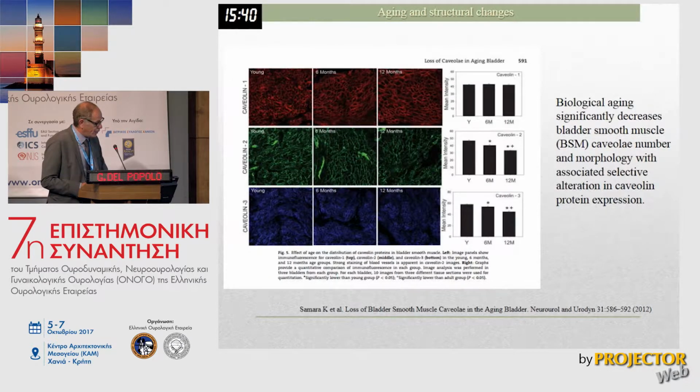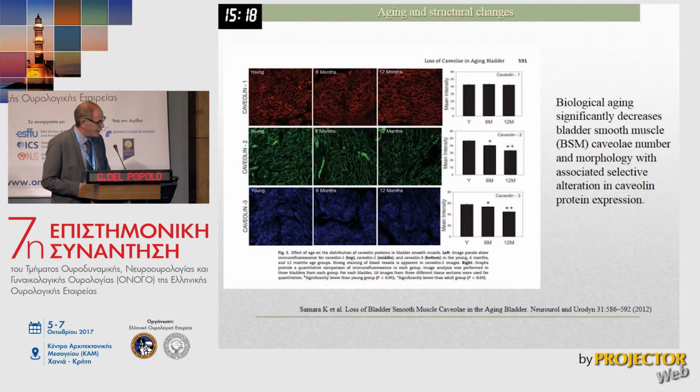So there are also some interesting studies about the structural change in the bladder wall, and what they found was that with aging there is a decrease of bladder smooth muscle, and also a change in caveolin number and morphology, with associated selective alteration in caveolin expression.